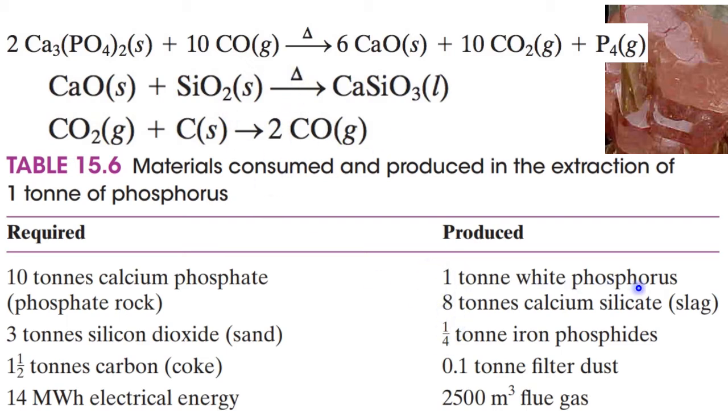You're receiving white phosphorus, you're receiving calcium silicate, which has usage. You're also receiving, from iron admixture in apatite, a large amount of iron phosphides that have metallurgical use, and you have filtered dust, which can be a source of rare earth elements and other very interesting chemical compounds.